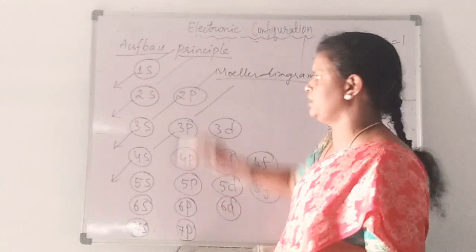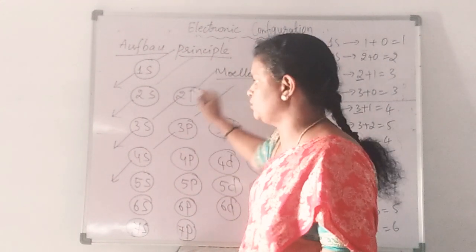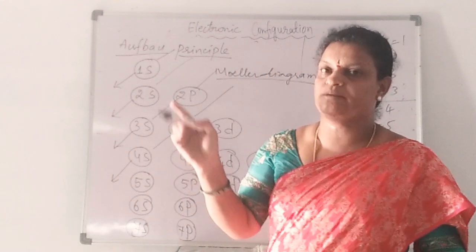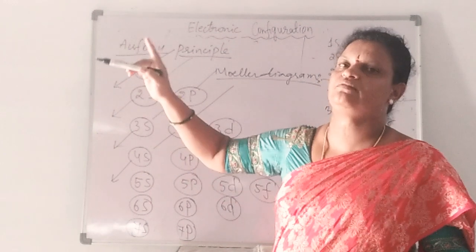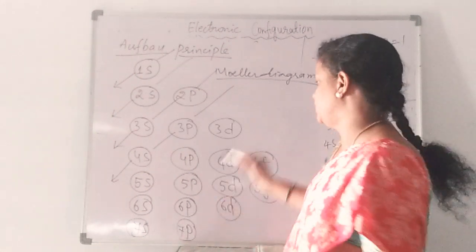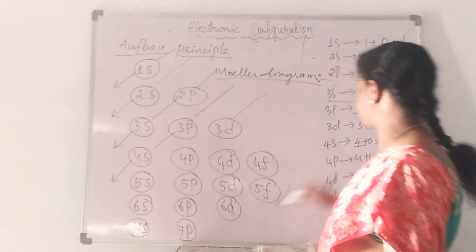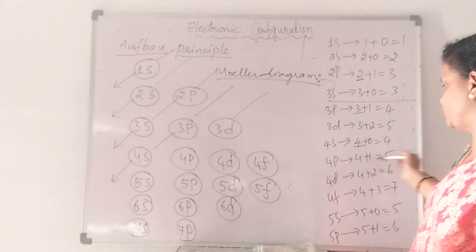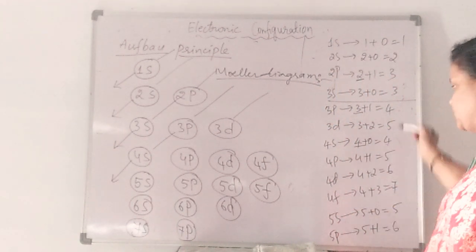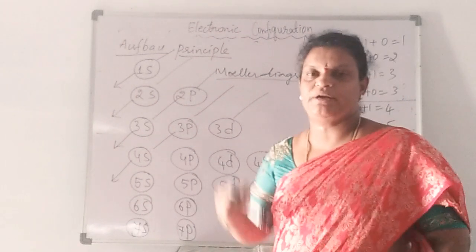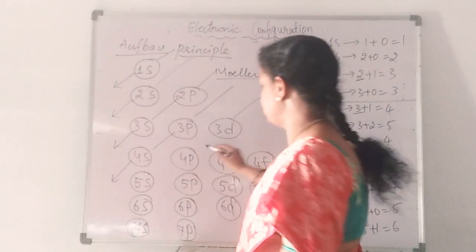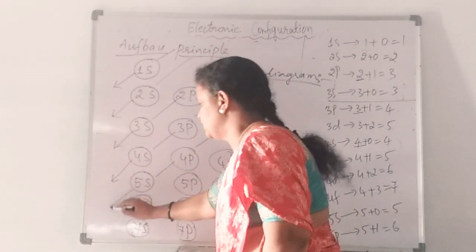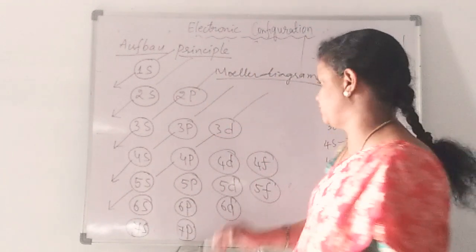You can see that wherever we are writing this arrow mark, on that arrow mark, the subshells present all have equal n plus L values. Right. Next, 3d, because here 3d is 5, after that 4p, after that 5s. For all these the value is 5, but first the lower n value, then the higher n value, then still higher.